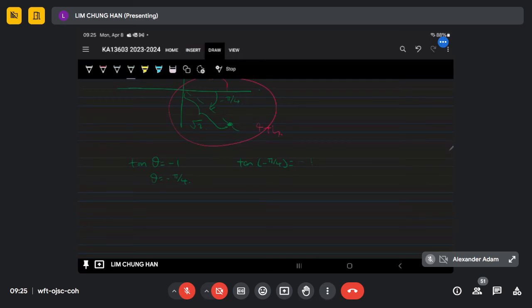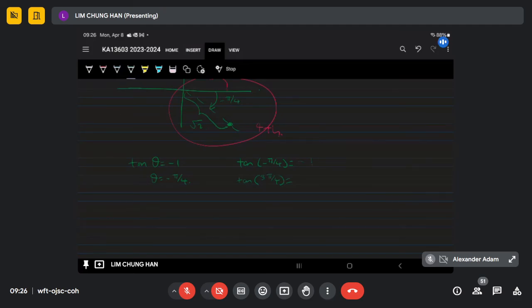Now I'm going to prove to you that there's more than one possible answer. You try tan of 3 pi over 4. What do you get? 3 pi over 4 is how many degrees? I think 120 degrees or something like that. 135.